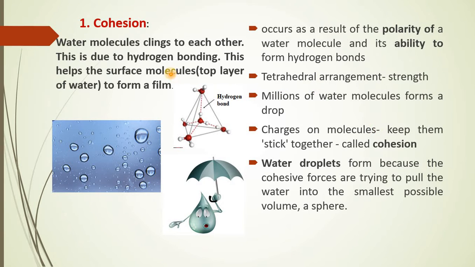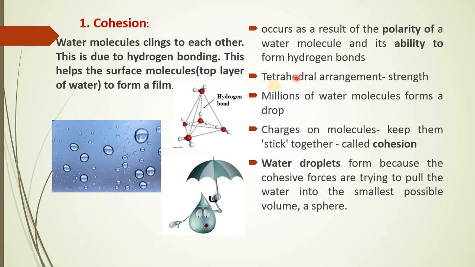Further, when these molecules show clinging, it is only because of the polarity of the water which makes them come together. Polarity once again refers to the presence of both positive and negative charges on the same molecule, which enables the nearby molecules to come closer and form an associated structure in close vicinity.